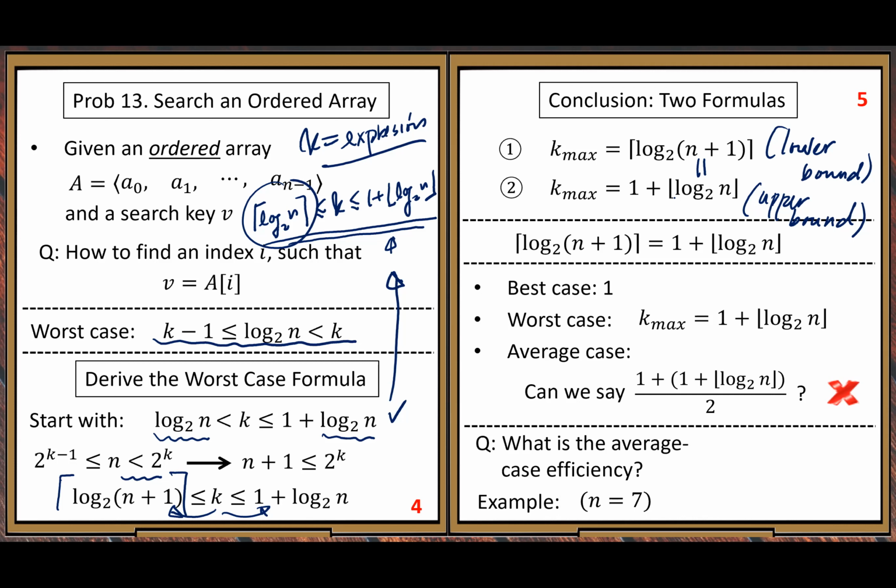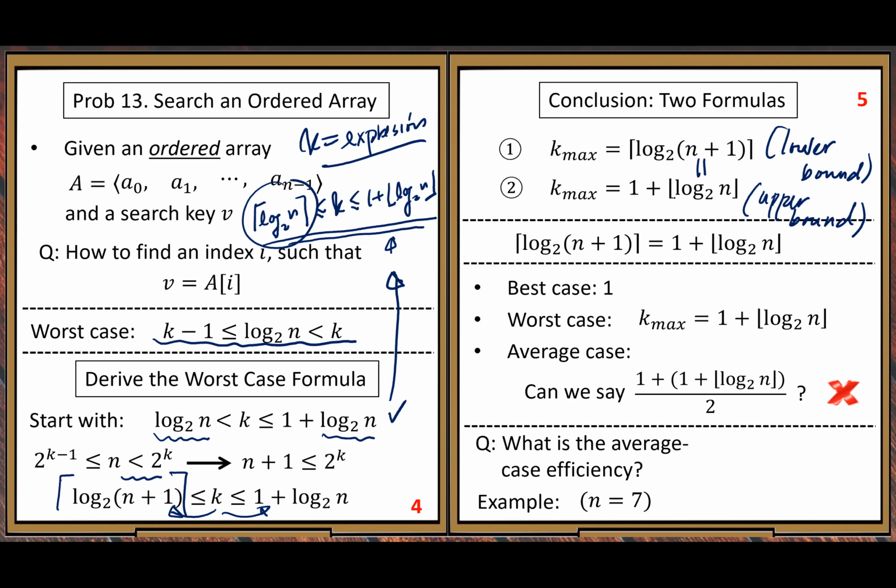Here I'd like to use a simple example, n equals 7. With n equals 7, the binary tree from this example is a complete binary tree. So let's take a look. What is the exact answer, not approximate?